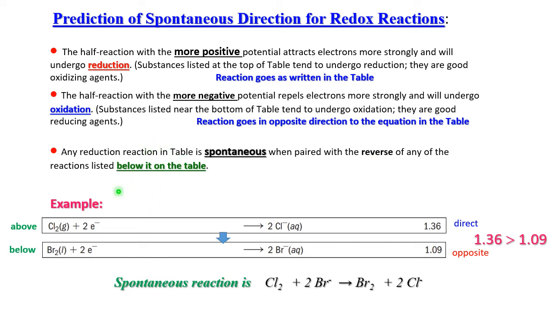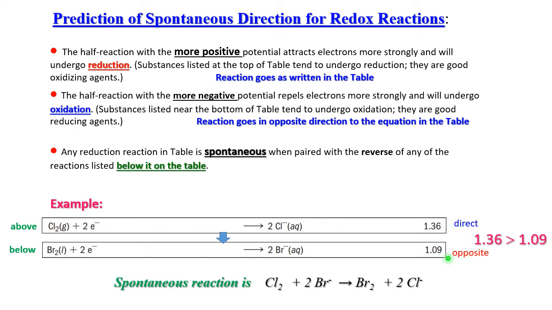So let's look at an example. Cl2 plus 2 electrons gives 2 Cl minus. A very similar reaction: Br2 plus 2 electrons gives 2 Br minus. Redox potentials are 1.36 and 1.09. Cl2 is above, and bromine is below. Now 1.36 is larger than 1.09, so the first reaction will go direct.